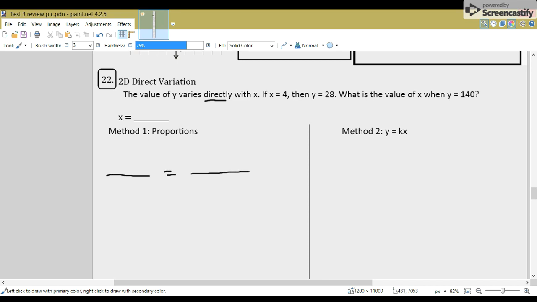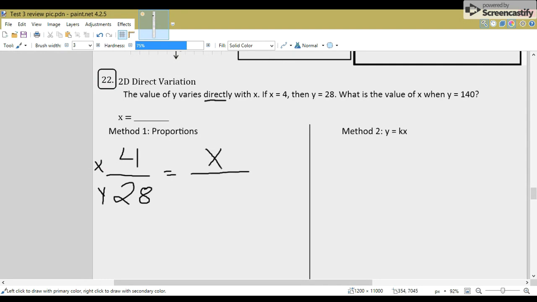So we're going to set up a proportion so we have one fraction equals another fraction. Since it says directly, we're going to have one variable over the other, and they're lined up with each other. The x's go on top with the x's, the y's go on the bottom with the y's, or vice versa. X equals 4 with y equals 28.